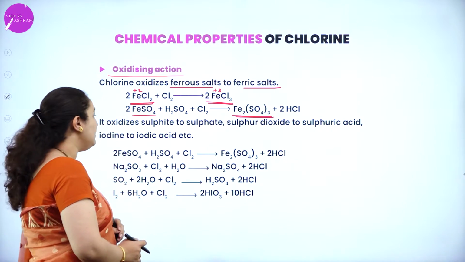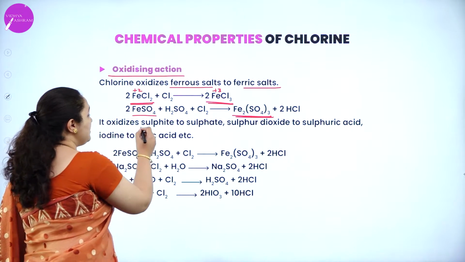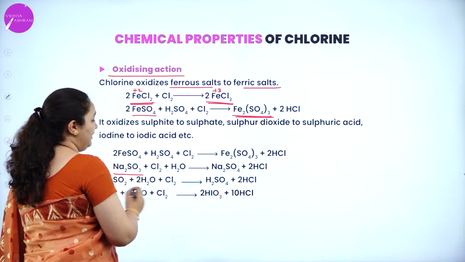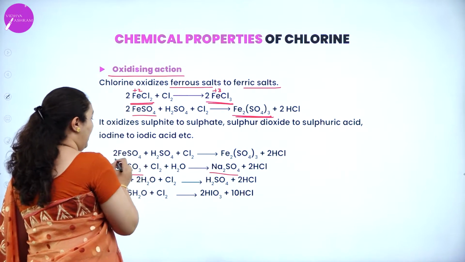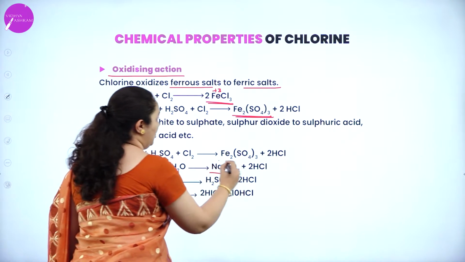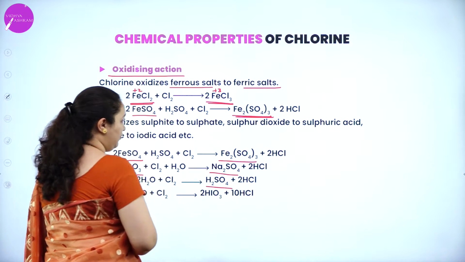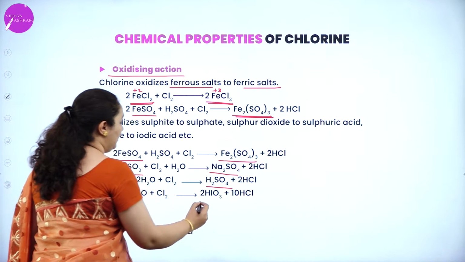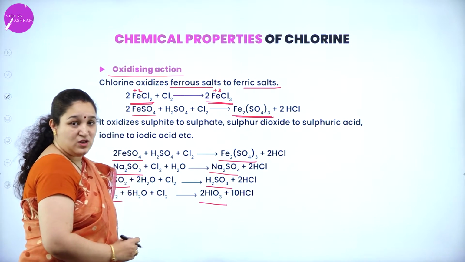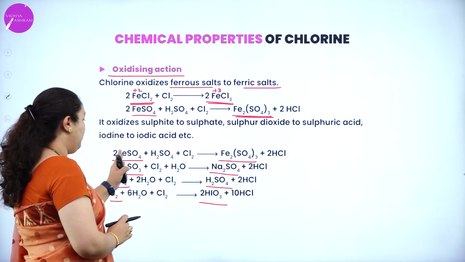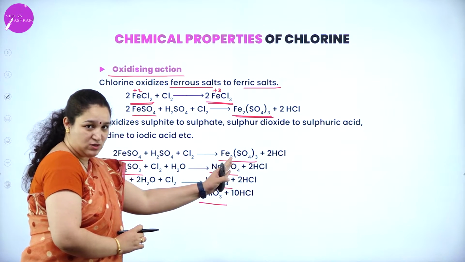Okay. Next, also it oxidizes sulfite to sulfate. I told you ferrous to ferric. Also sulfur dioxide to sulfuric acid and iodine to iodic acid. So what does it do? Ferrous to ferric it will oxidize.